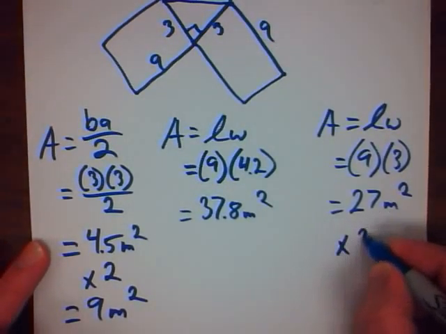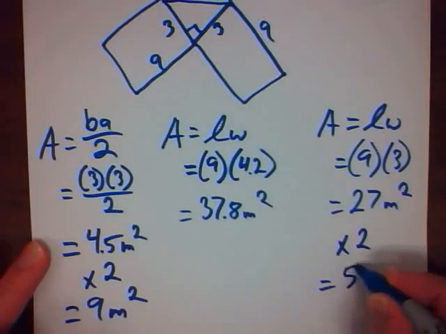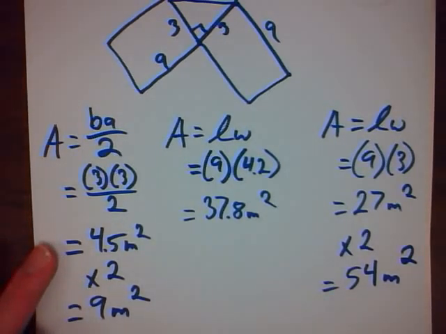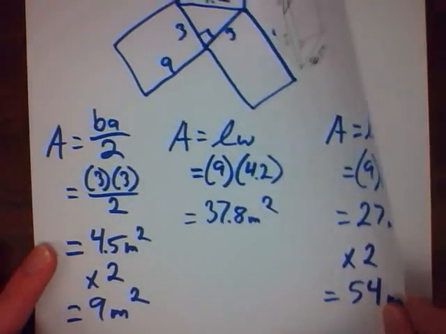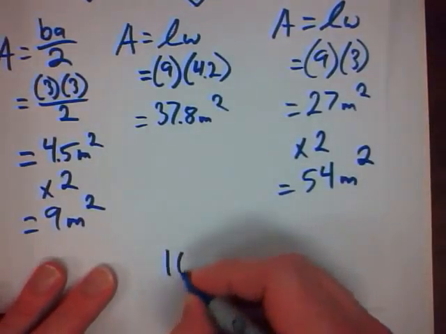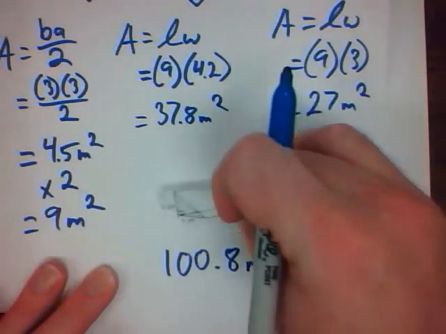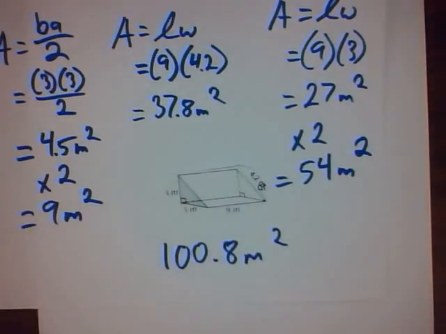This has to be times by 2. And now I can add them all up. Give you my total, 100.8 meters squared for this, the surface area of that object.